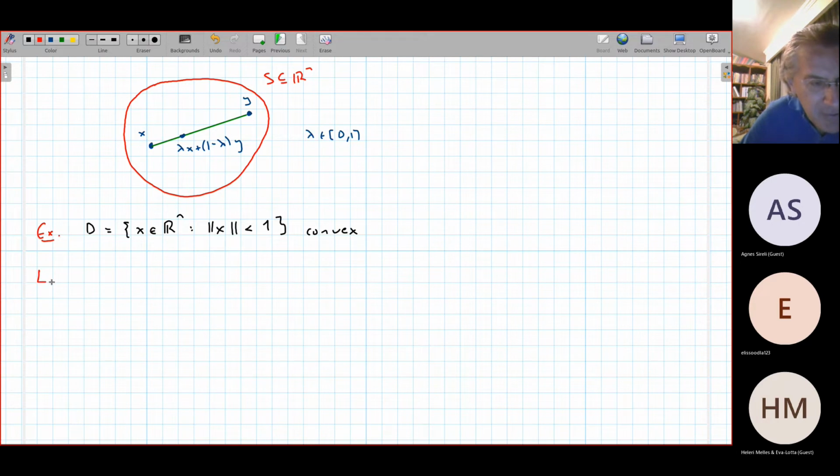There are various properties satisfied by convex sets. One is the following. So suppose that you have a family of convex sets. Suppose that all of these are convex.